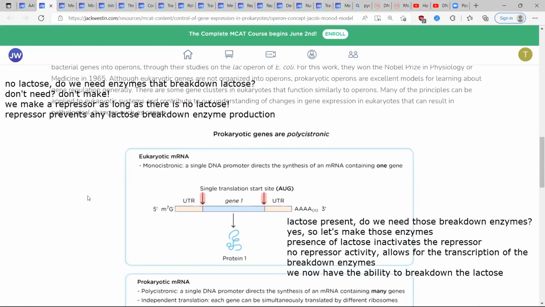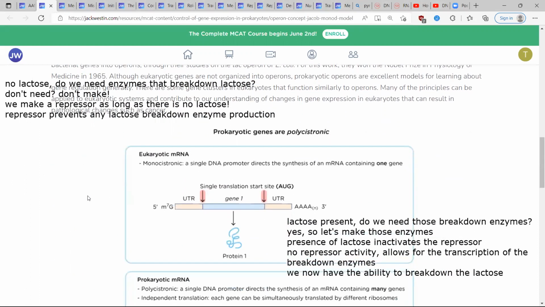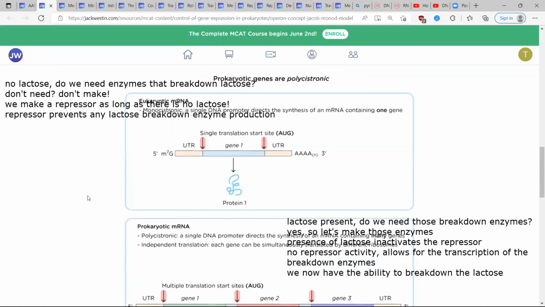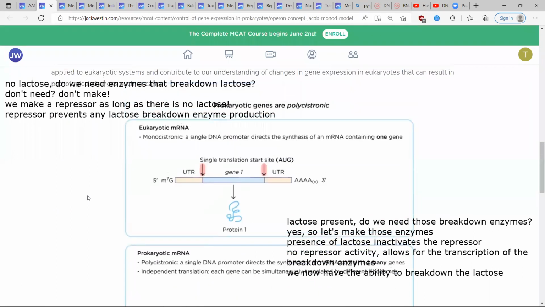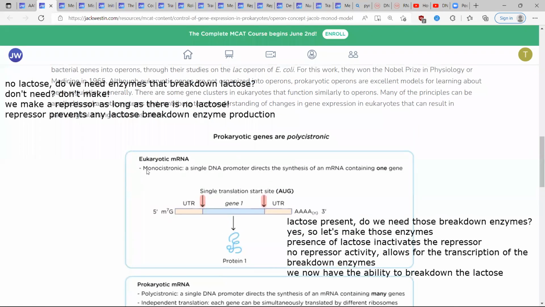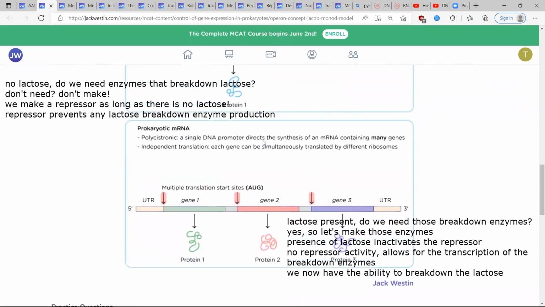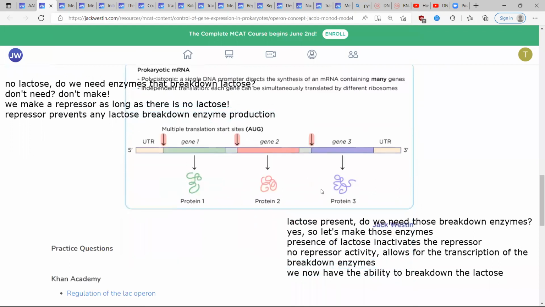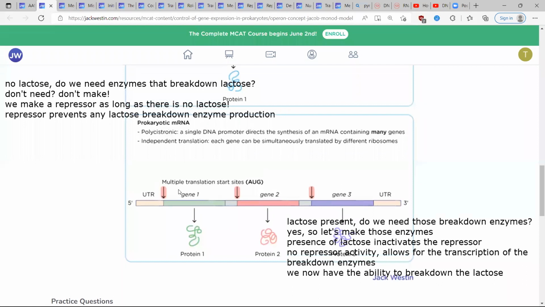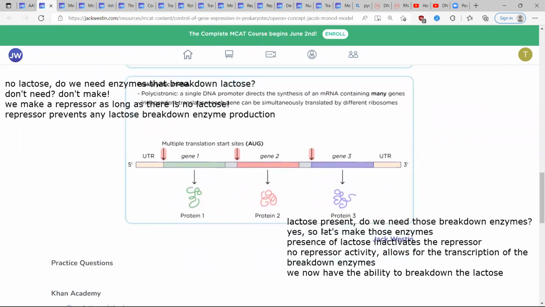Now, just some vocabulary here. Polycistronic versus monocistronic. Prokaryotic genes are polycistronic: one mRNA can make different proteins because there are different start sites, right? So we can make a protein here, a protein here, a protein here, and it really doesn't care.